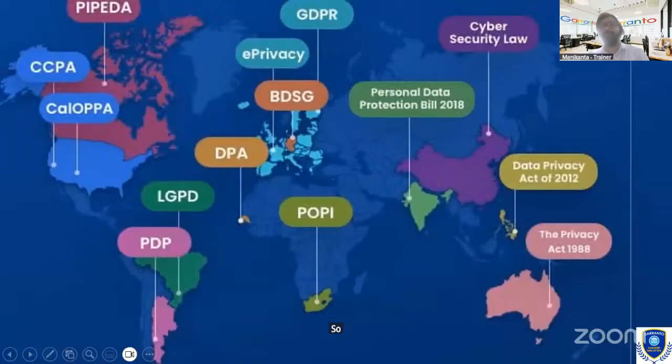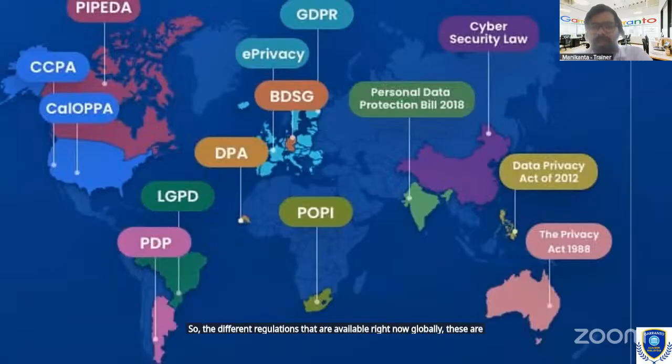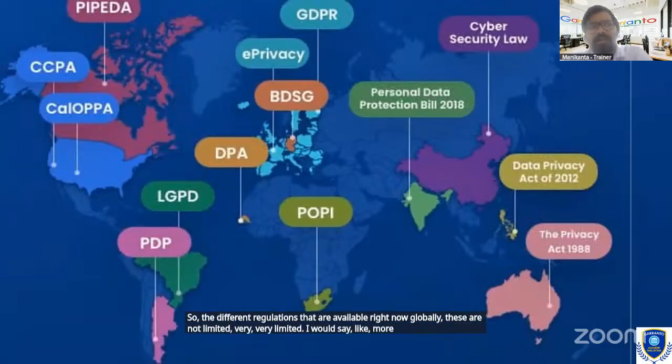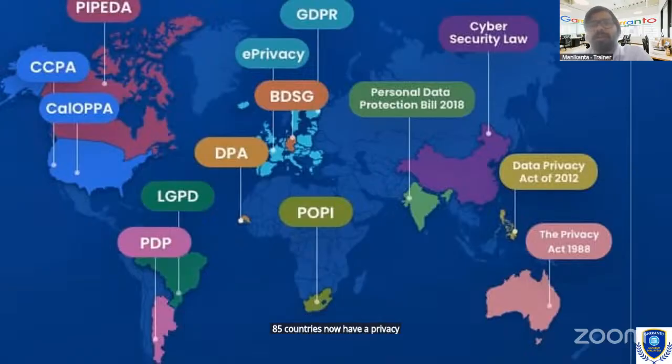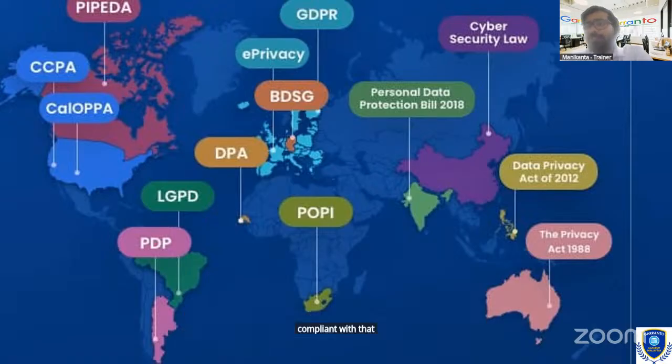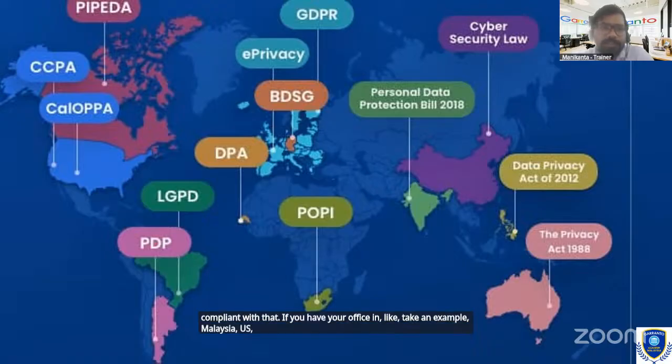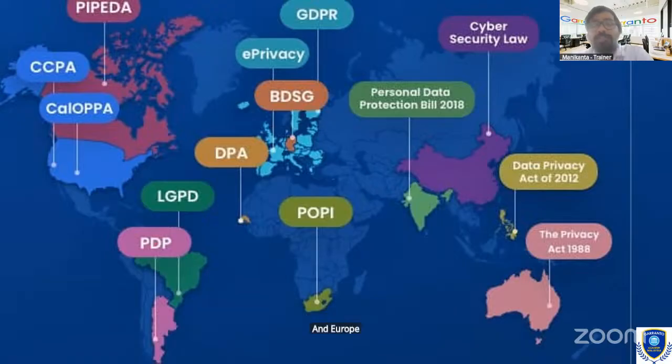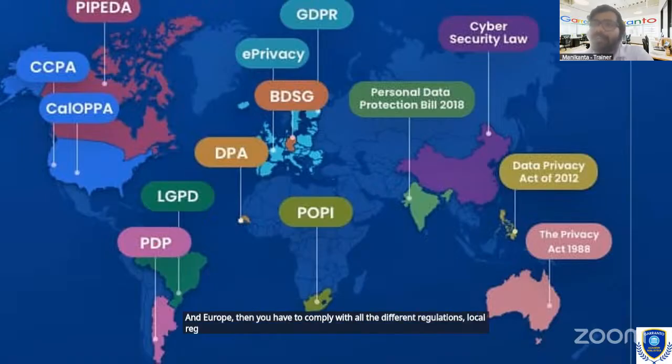The different regulations available right now globally are not limited. I would say more than 85 countries now have privacy regulations, which you should comply with if you want to run a business in that particular region or country. If you have offices in, say, Malaysia, the US, and Europe, then you have to comply with the local regulations in all three countries.